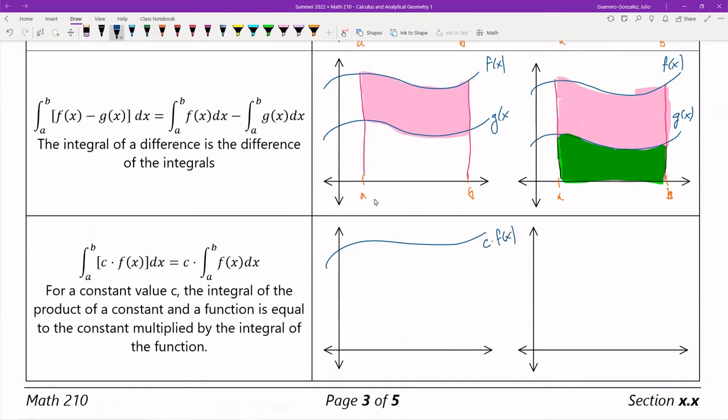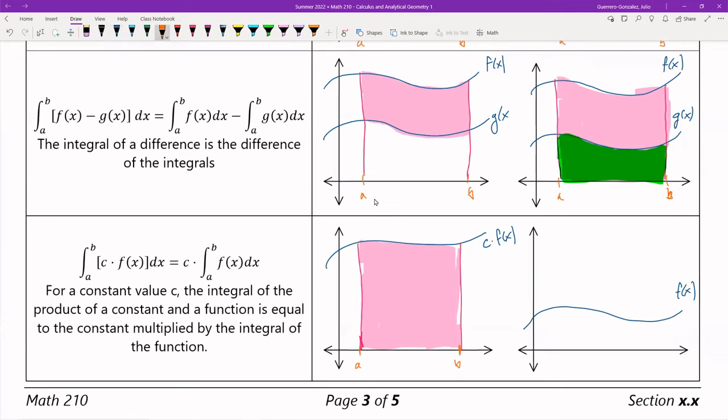And same idea, right? A to B. I want this area right here. I want all of this. Then that is equivalent to, let's just say this is f of x, just good old regular f of x, right?